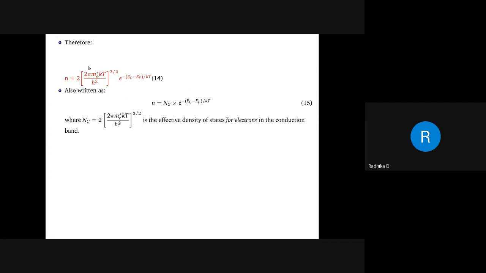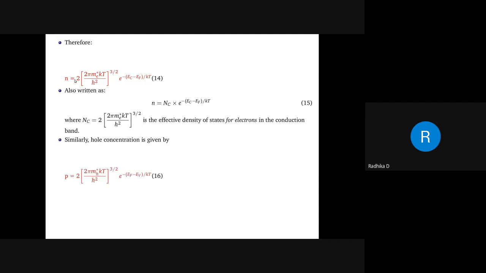This equation number 14, which I have put in red, is the final expression for the density of electrons, or electron concentration, the total number of free electrons in the conduction band of an intrinsic semiconductor.